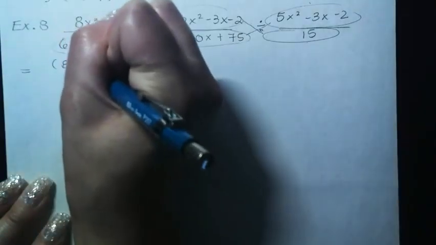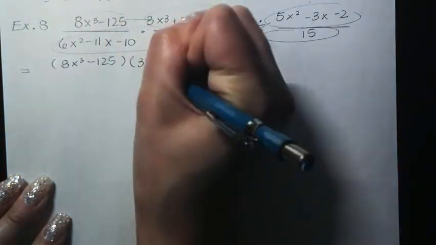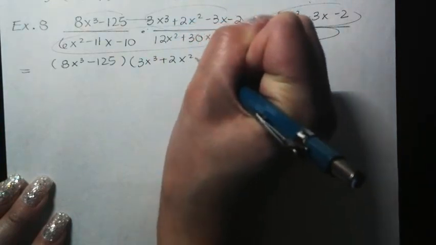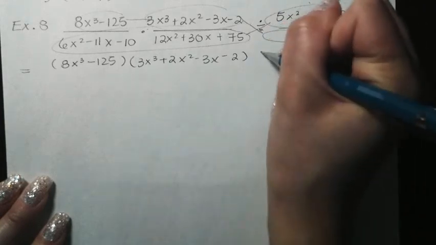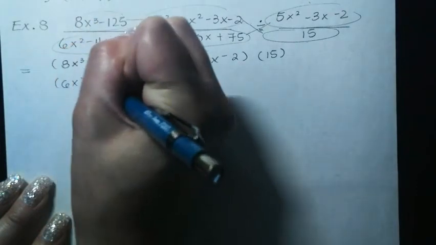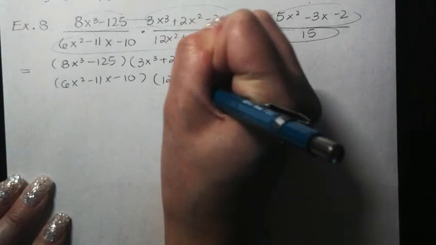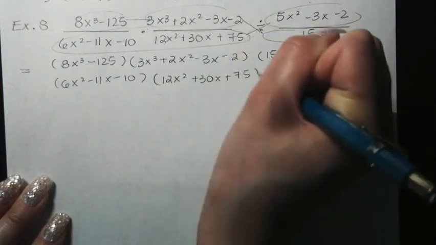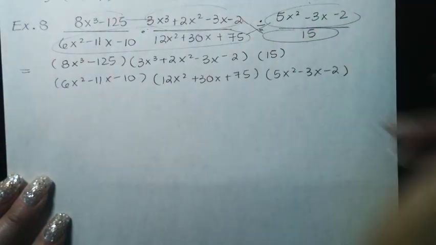You have 8x cubed minus 125 times 3x cubed plus 2x squared minus 3x minus 2, times 15, divided by 6x squared minus 11x minus 10 times 12x squared plus 30x plus 75 times 5x squared minus 3x minus 2. Wow, it looks like a lot, but don't worry, we will make it simpler.